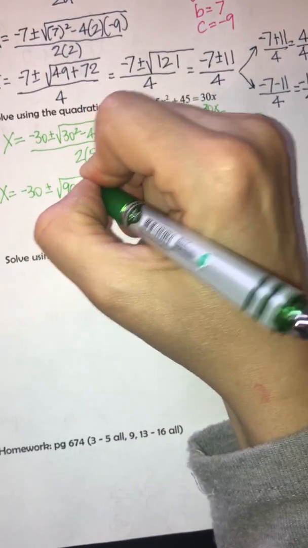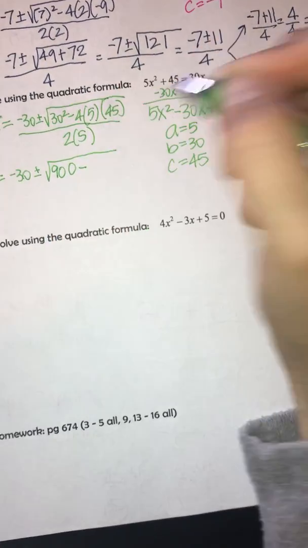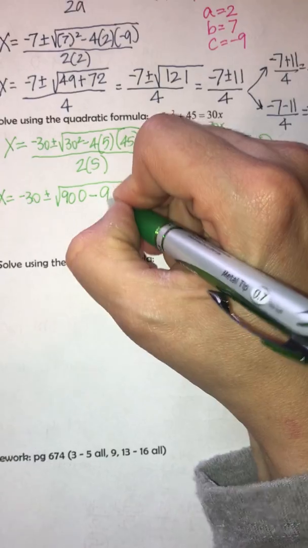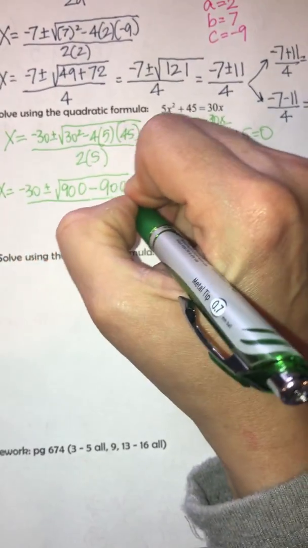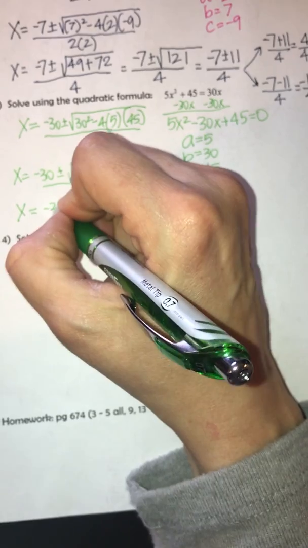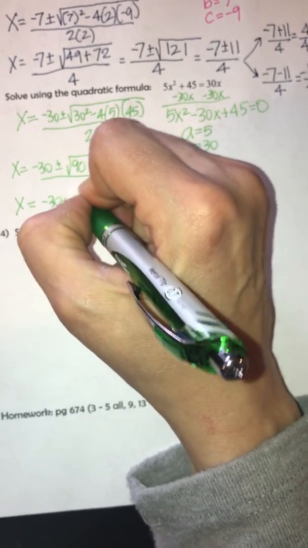900. Right. Minus 45 times 20. Oh, this actually works out really nicely. That's also 900 all over 10. So 900 minus 900 is 0.